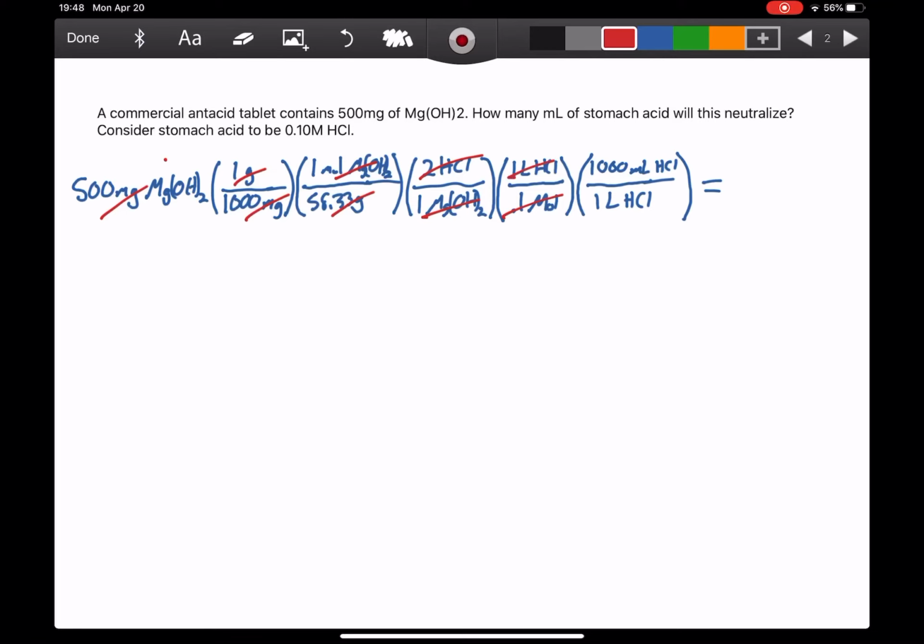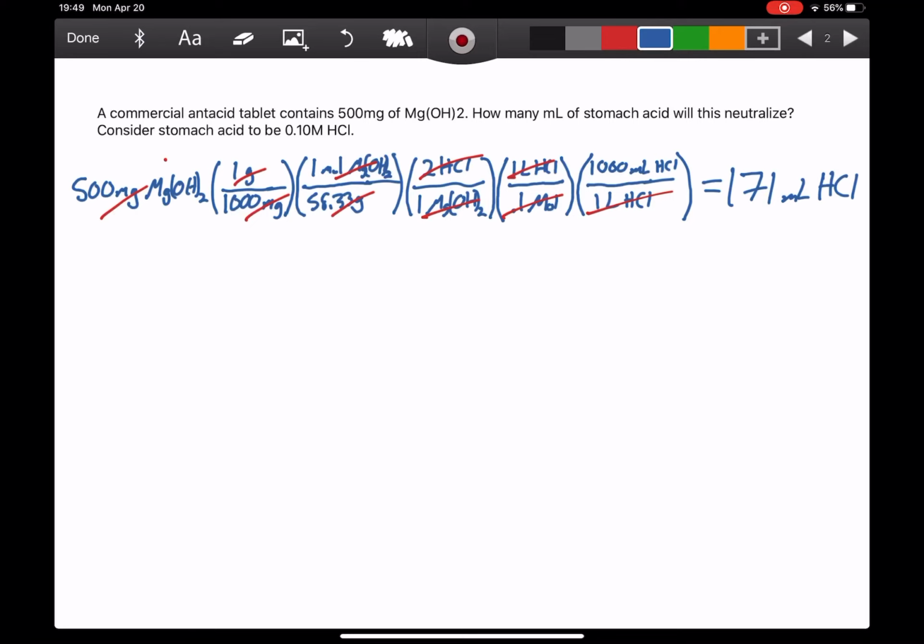Now liters is going to cancel, and finally we're left with milliliters. And if we multiplied all this through, we would find that it is equal to 171 milliliters of HCl. Or in other words, the tablet that weighs 500 milligrams of magnesium hydroxide would be able to neutralize 171 milliliters of 0.1 molar hydrochloric acid.